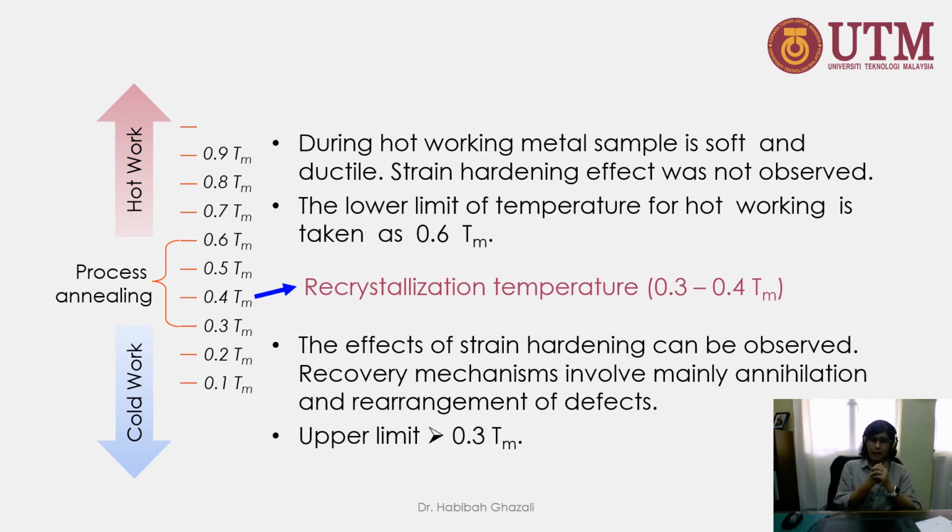So there are processes where we shape the materials at a higher temperature, and we call them hot working. During hot working, the metal sample becomes soft and ductile. But in this process, we cannot observe the strain hardening effect. So the increase in strength and hardness will not be observed if we shape them at a higher temperature.